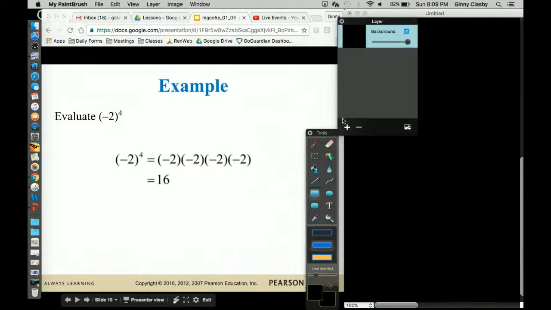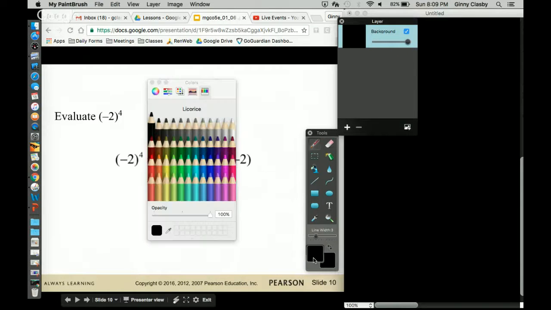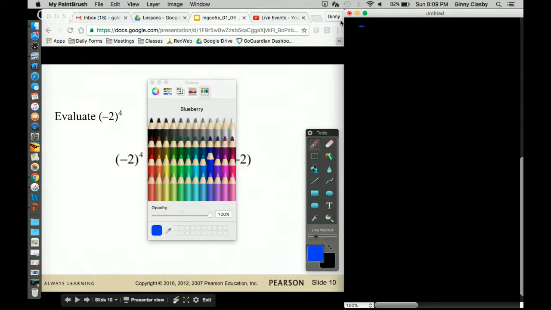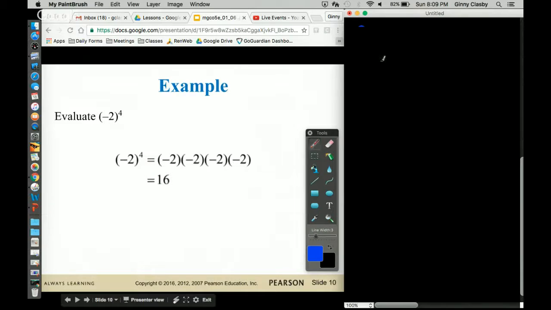That's what an exponent is. It's saying, all right, how many times am I multiplying whatever the base is by itself? So you have a negative 2 to the 4th power, okay? Negative 2 to the 4th power.